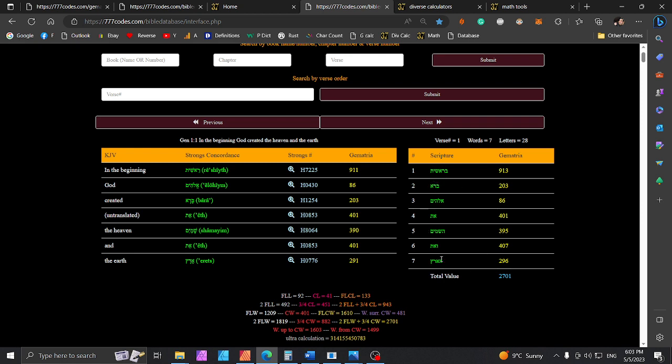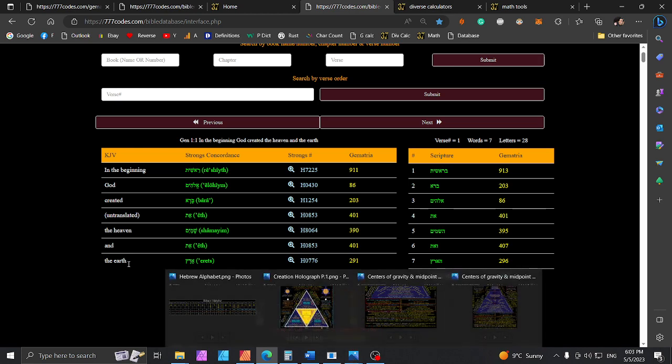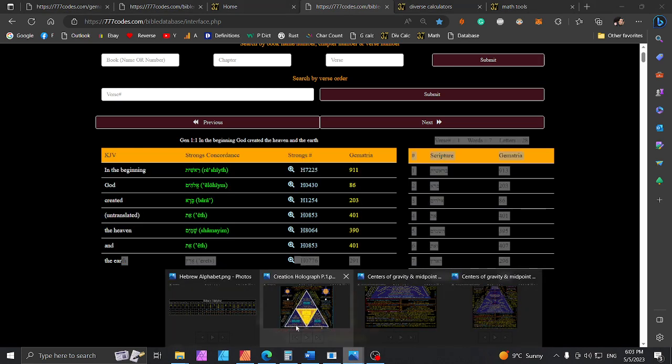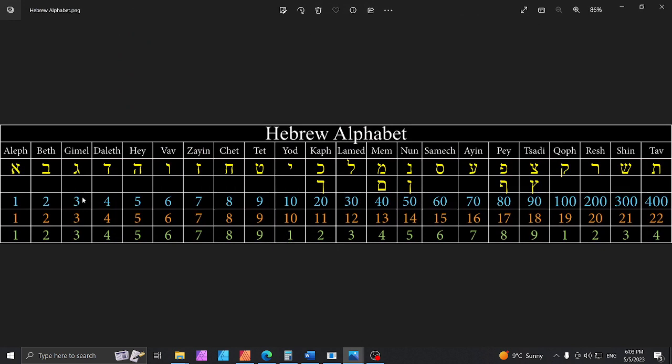It has 7 words, and before we go more into this, we're just gonna take a look at the Hebrew alphabet with the 3 gematria systems: standard in blue, ordinal in orange, and reduced in green. So you just know a bit about that, because in gematria, letters have a numerical value.